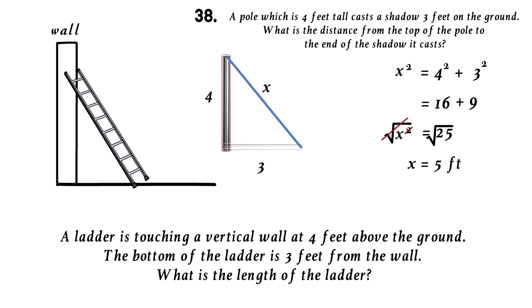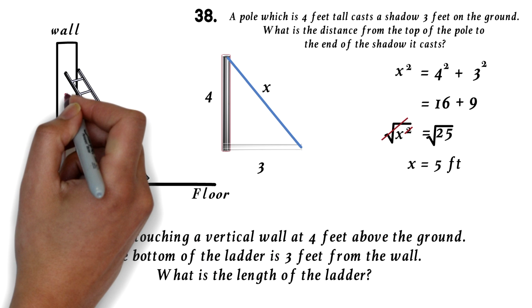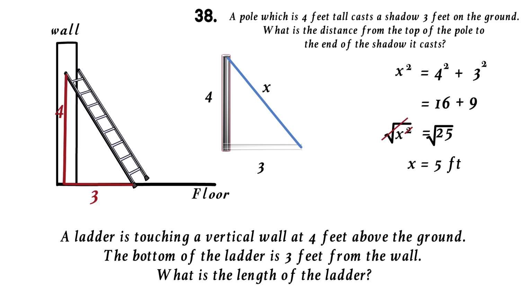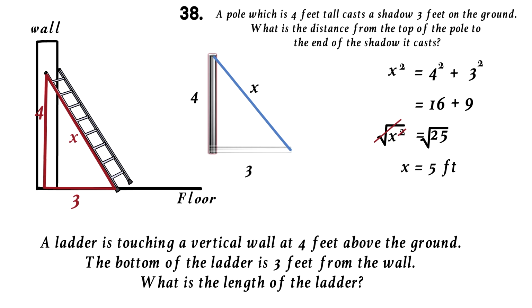This is the wall, and this is the floor. The ladder is 4 feet on the wall and is 3 feet on the ground. You can see that the ladder, X, forms a right triangle with the wall and the floor. We can therefore use the same method to find the length of the ladder.